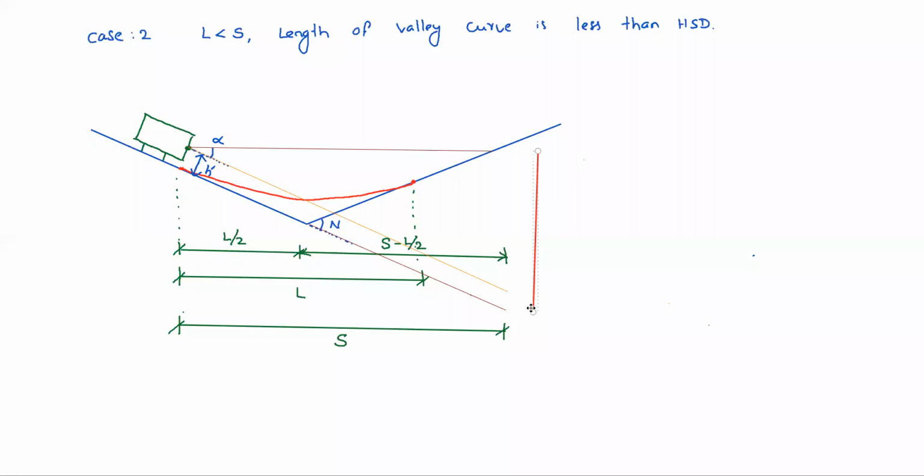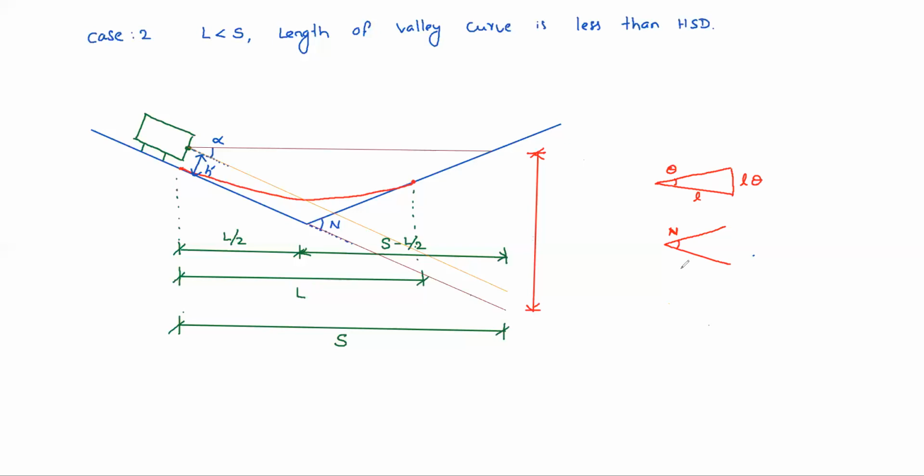Suppose this is theta and this is L, so the arc length is generally L theta, if theta is in radians. So here n is theta kind of thing. This is angle n, the deviation angle n, of course in radians.